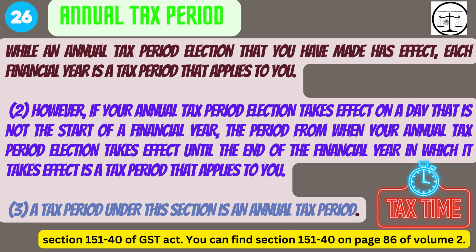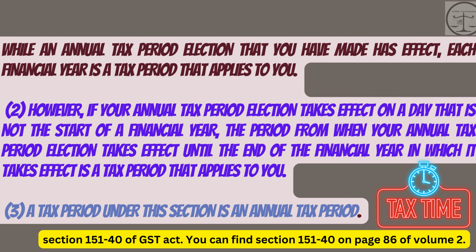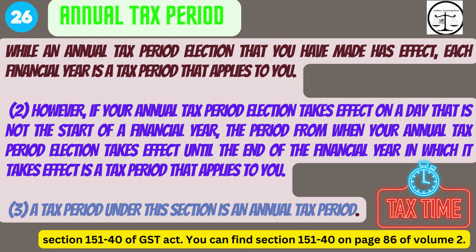However, if your annual tax period election takes effect on a day that is not the start of a financial year, the period from when your annual tax period election takes effect until the end of the financial year in which it takes effect is a tax period that applies to you. 3. A tax period under this section is an annual tax period.